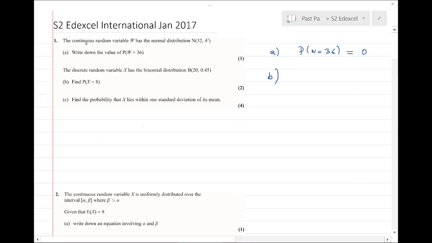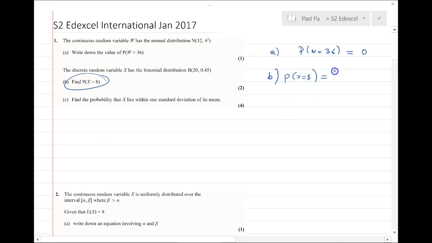The discrete random variable x has a binomial distribution 20, 0.5. Find the probability that x equals 8. You can use tables, but it's only one single value, so I don't really want to use tables. We can use the formula.